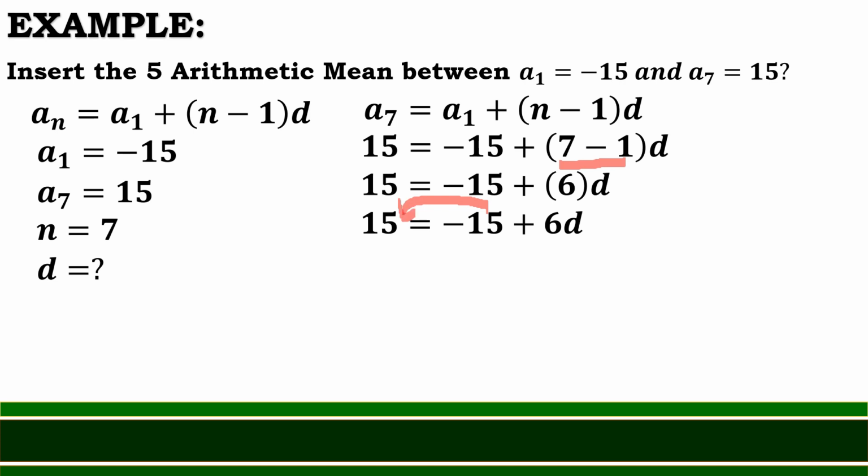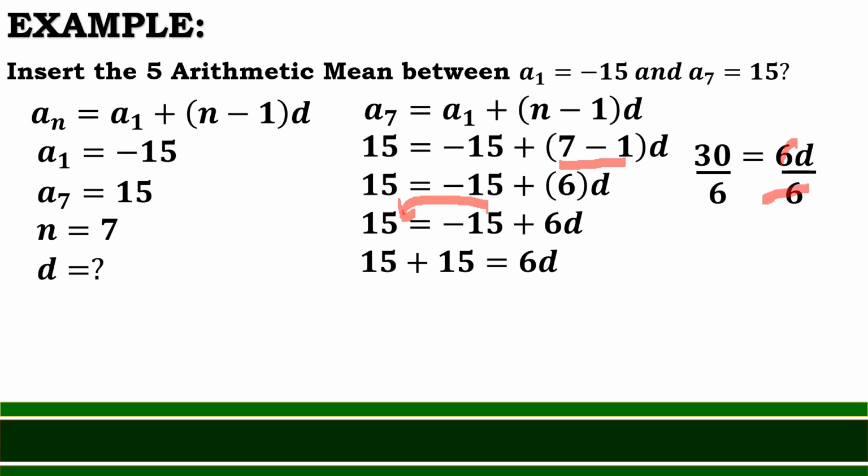So, kung negative siya, pag nilipat, magiging positive 15 equals 6d. So, 15 plus 15 will give you 30 equals 6d. Then, divide both sides by 6. So, 6 divided by 6 magiging 1. Then, 30 divided by 6. The common difference is 5.